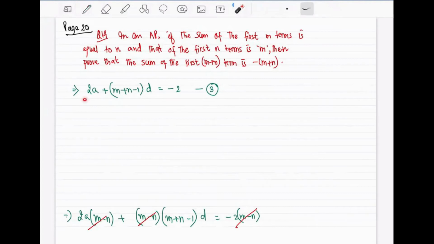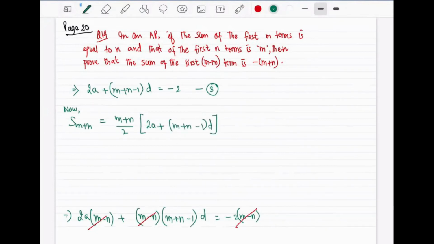Okay, why we are obtaining this is because we wanted to obtain the sum of the first m plus n terms. Sum of the first m plus n terms. What did we have? S m plus n. What was the formula? m plus n by 2 times twice a plus m plus n minus 1 d. You remember this, right? From the three formulas that we wrote in the beginning.